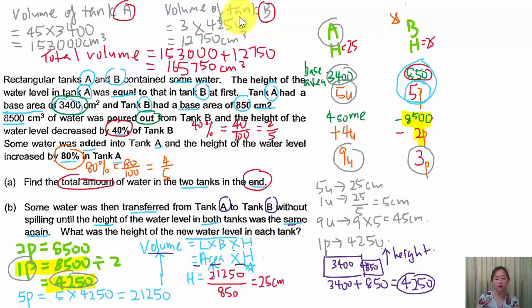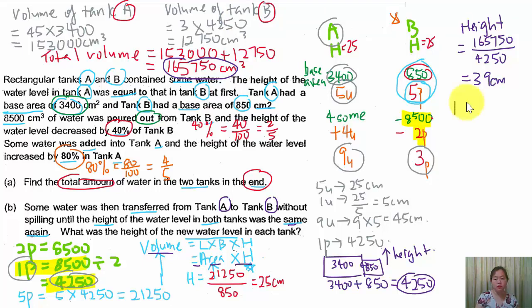Volume is equals to area times height, and now the volume is actually 165,750. So to find the height is actually equals to 165,750 divided by 4250, which is equal to 39 cm.